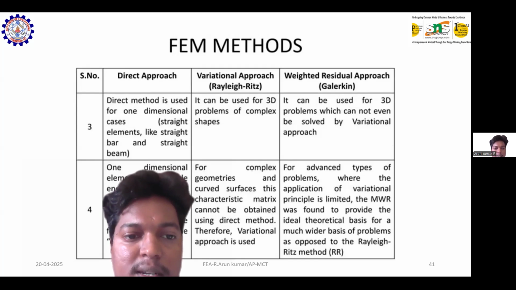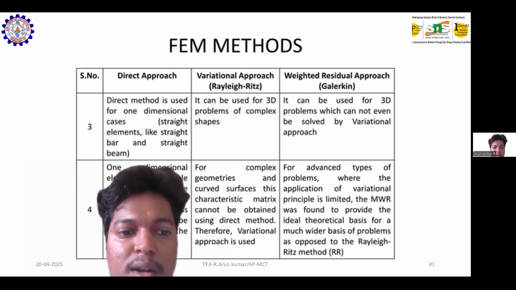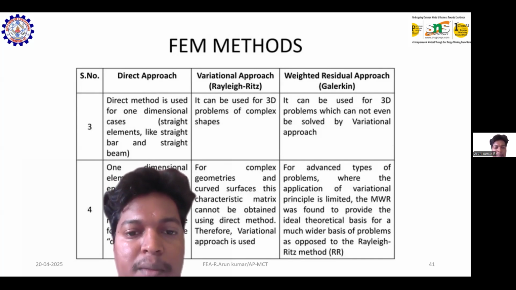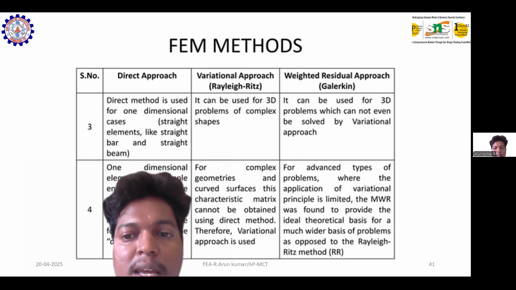The direct method is used for one-dimensional cases like a straight bar and a straight beam. But the variational approach can be used for three-dimensional problems with complex shapes. The weighted residual method can be used for three-dimensional problems which cannot even be solved by the variational approach.